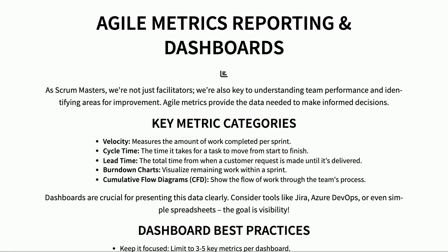Okay, let's talk about how we use data as Scrum Masters, specifically Agile metrics and dashboards. It's really important to go beyond just tracking what's done. We want to understand why things are happening. We have a few key categories of metrics: velocity, which is essentially how much work the team completes in each sprint; cycle time and lead time, which tell us about efficiency, how long it takes for a task to actually get done.